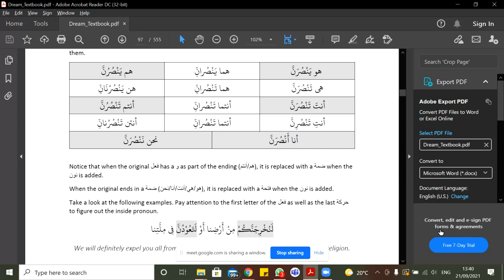Yes, nukhriju, right? It would be nukhriju. And the noon of emphasis is added to become nukhrijanna. Why? Because the noon with shadda is our noon of tawkid, and we also have a lam of tawkid here.